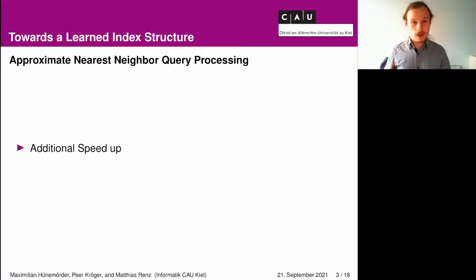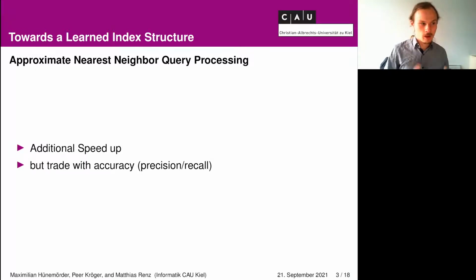For example, we would have a lot of images of the same object, so it does not matter as much if we get the exact closest image or one of the others around it. We can use this approximation to speed up our nearest neighbor queries, but of course we trade this with the accuracy, the precision, the recall of this nearest neighbor query.